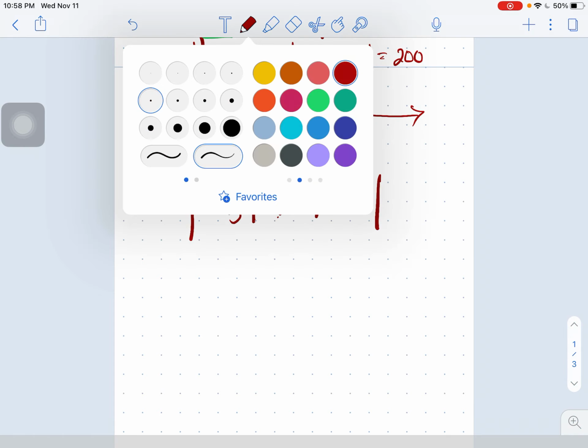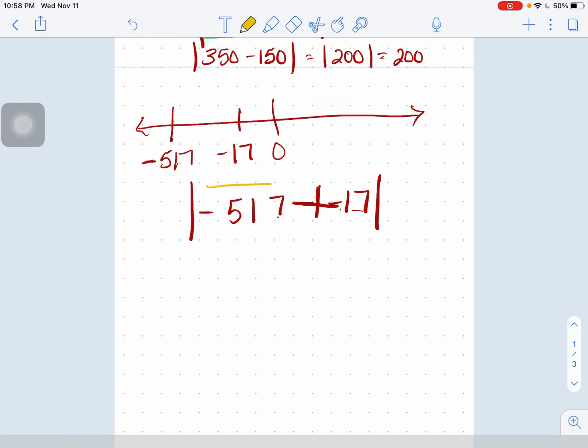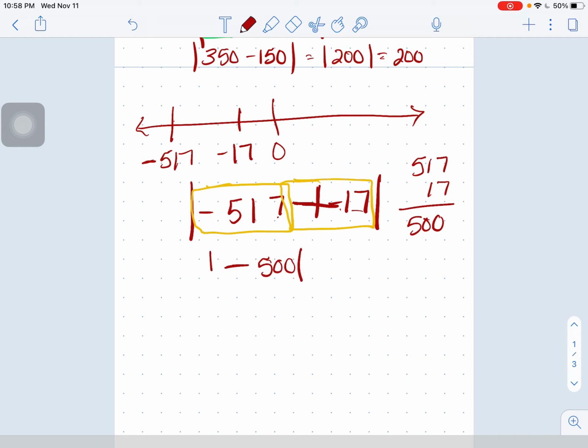So box them up like so. Ask yourself, do I have more negatives or more positives? Well, I have more negatives. And then I'm going to subtract to see how many more. So if I did 517 minus 17, I have 500 more negatives. Absolute value of that is going to be 500.